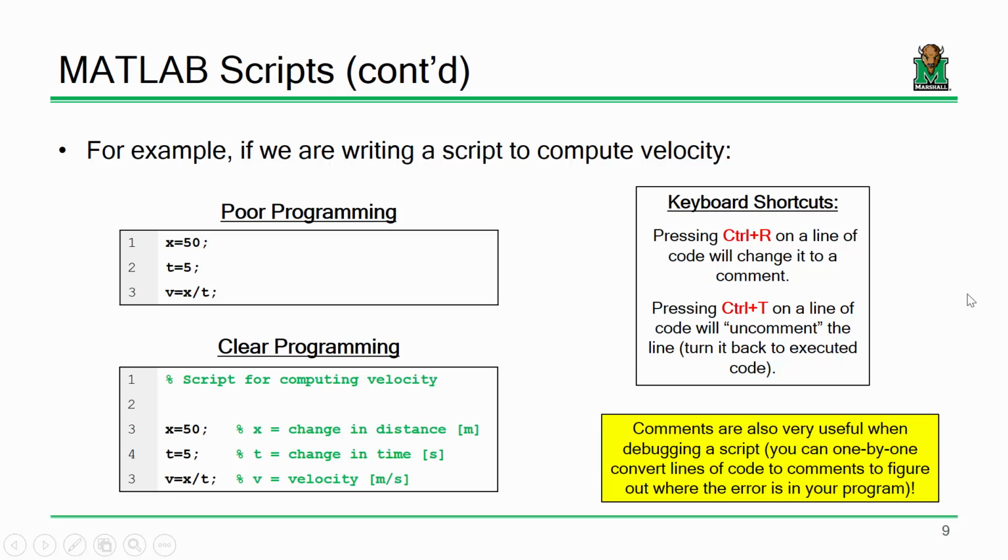Now, in yellow here, it's explaining that sometimes if your program isn't working, you may want to take out part of the program to see if it'll begin to work when you disable a section of the program.